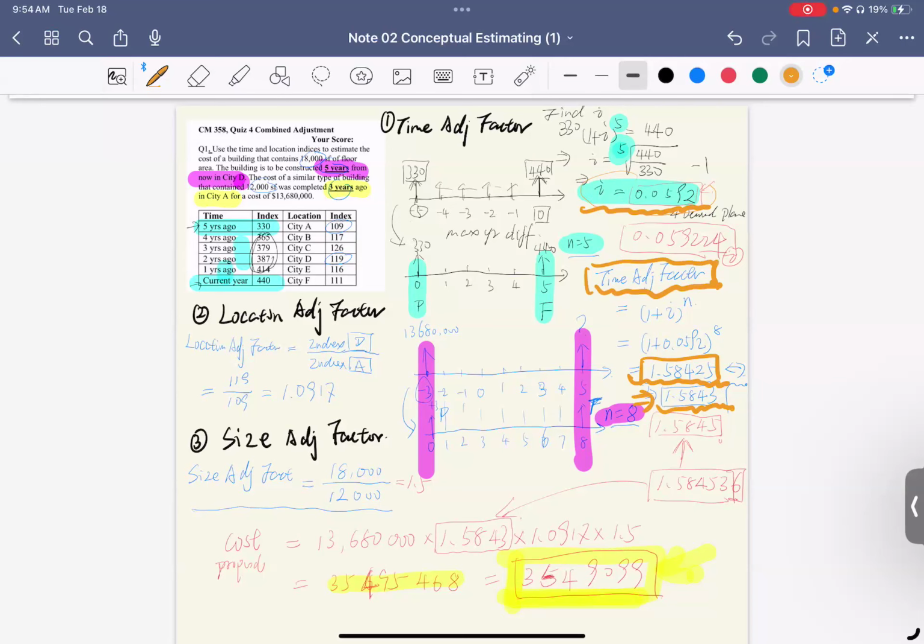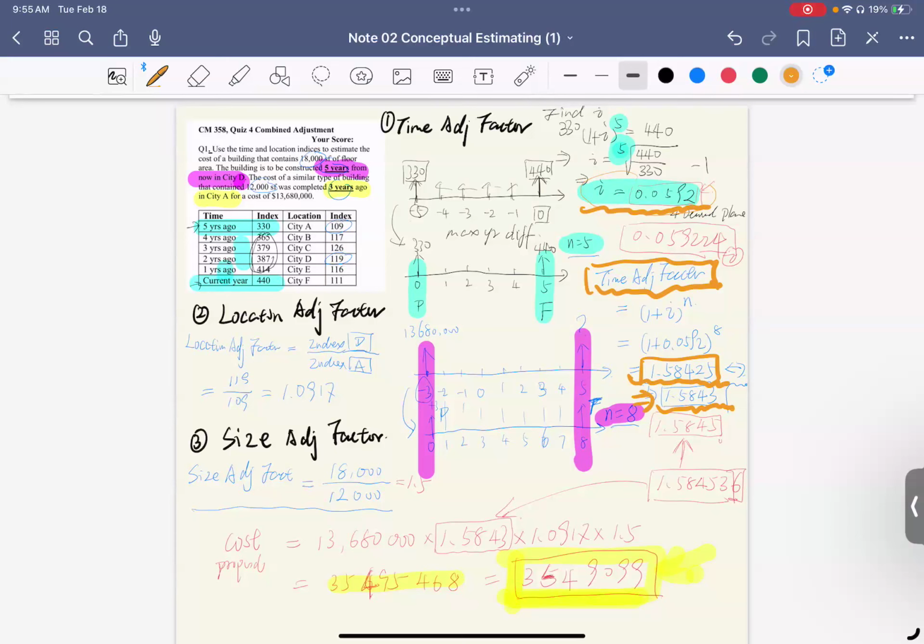Dr. Yuan, I think for the final answer, you missed a number. Yeah, that's also what I was confused about. 35,490,987.96 with all those numbers. Give me seconds. I got the same number too. Three five four nine 099.